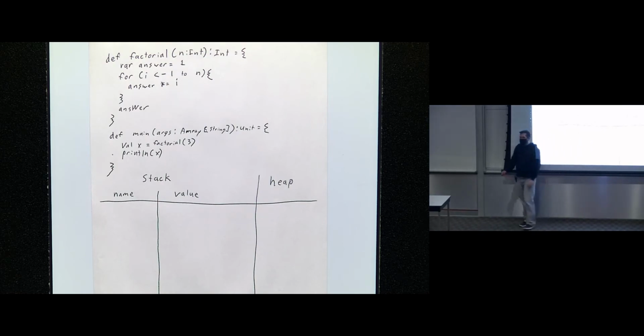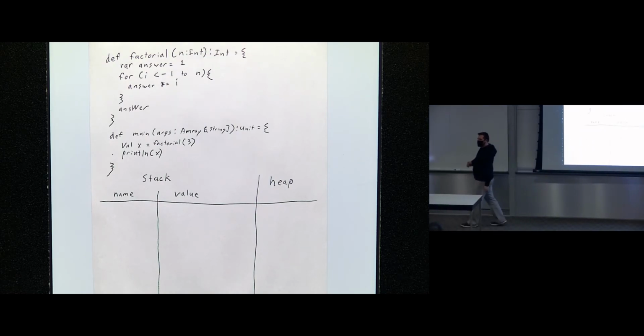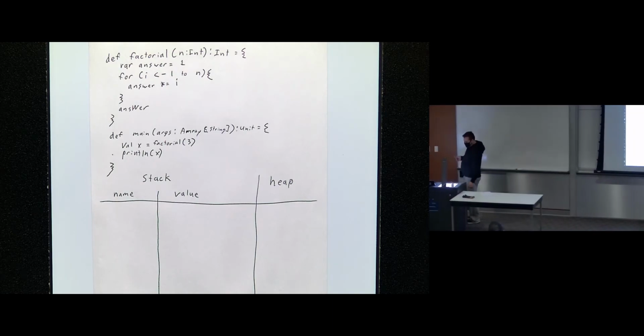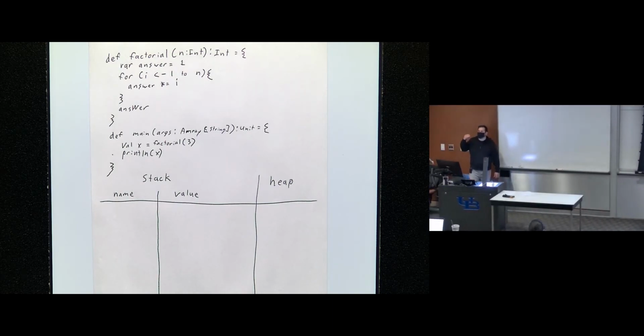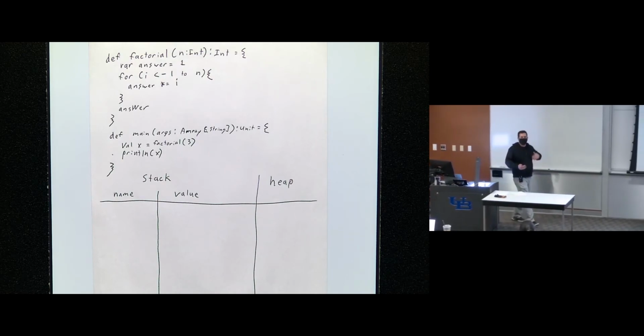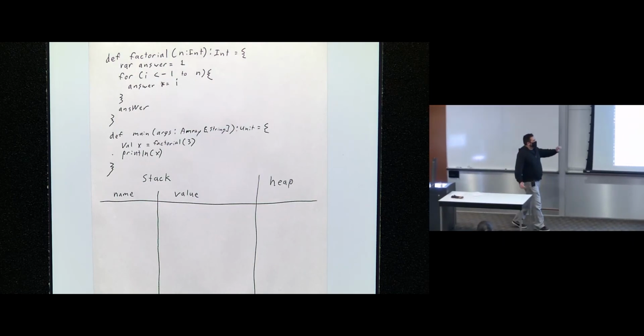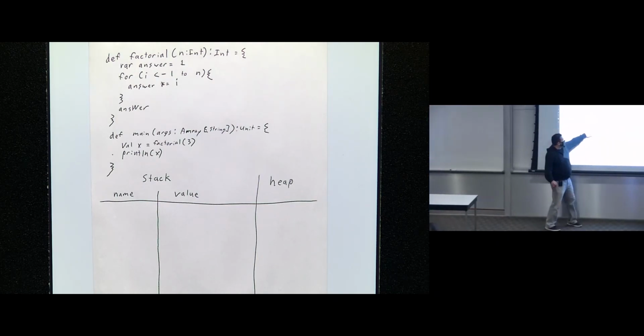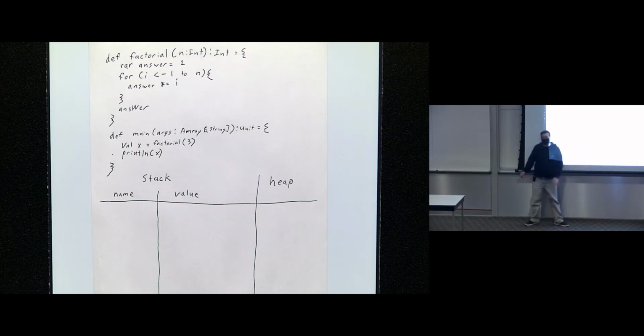So when we trace through a program, whenever a variable is declared, we're going to add it to the bottom of the stack, bottom visually, top conceptually. And we're going to add that variable to the stack and keep track of its value.